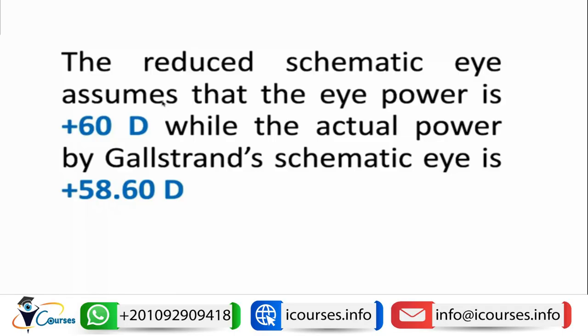To summarize, in order to discover errors of refraction and how to correct them, we use Donder's reduced eye, in which we assume that the eye has a single refracting surface that has an F1 anteriorly and an F2 posteriorly, and a nodal point behind the principal point.